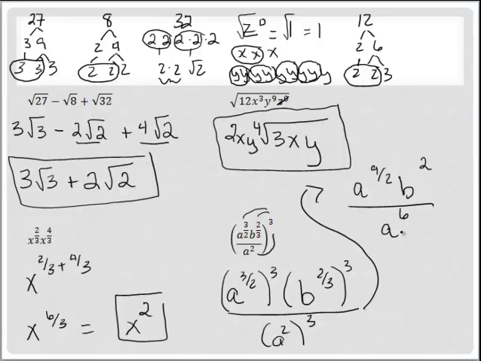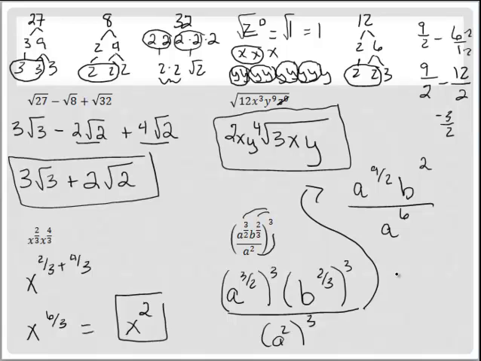Well, now we have a to the 9/2 over a to the 6th. We need to subtract these exponents. 9/2 minus 6 over 1. We need common denominators. It's going to be 2. 1 times 2 is 2, so 6 times 2 is 12. 9 minus 12 would be negative 3.